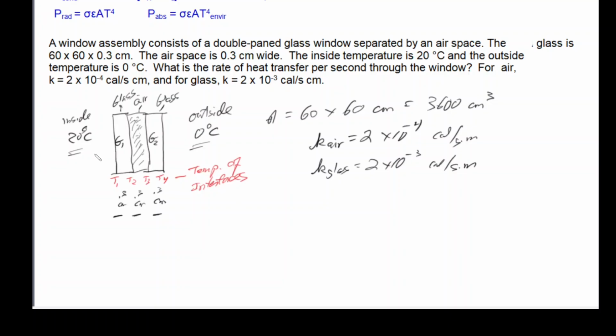So the temperature of the surface of the inside of the glass is 20 degrees centigrade. So T1 is equal to 20 degrees Celsius. T2 and T3 are the temperatures at the interface of the air with the glass, and T4 is equal to the temperature of the glass on the outside, which is 0 degrees Celsius.